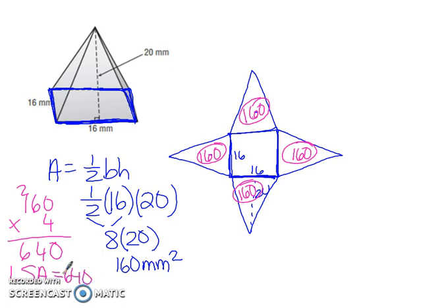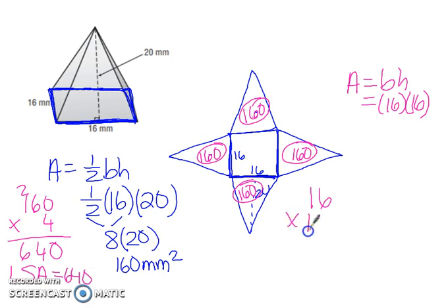Okay, that's the lateral. Now to get the total, we need to also add in our base. So the square is our base. So we need to use the formula for a square, area of a square, base times height. 16 times 16.